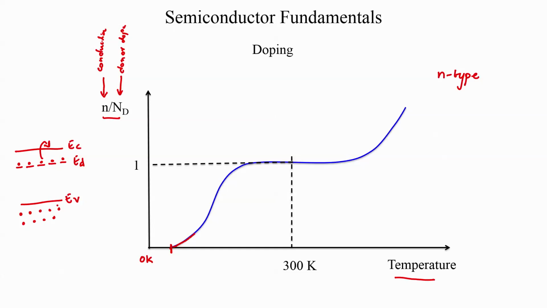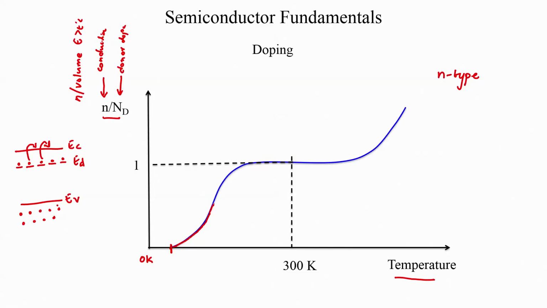So, now as the temperature begins to increase a little, you find that these electrons can easily make this jump, and the electron concentration above EC, so this is the electron concentration per unit volume at E greater than EC, begins to increase.